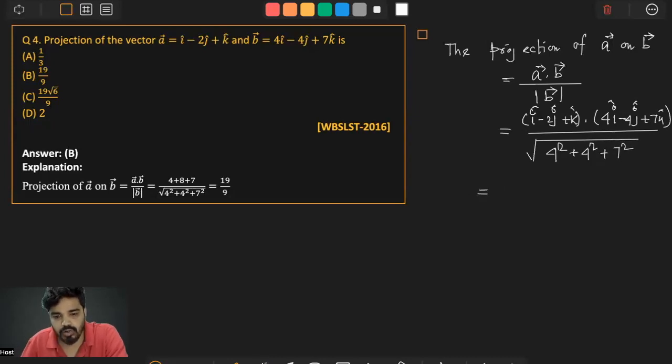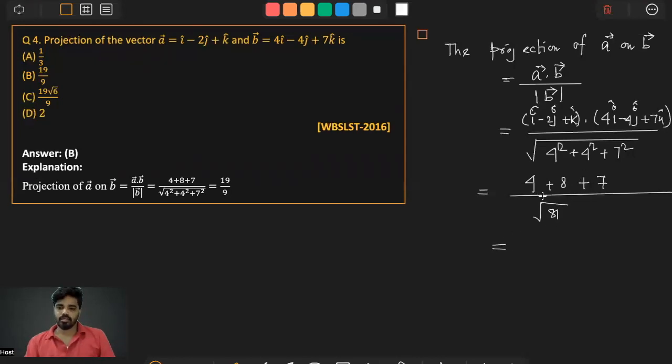So 4 plus 8 plus 7 divided by root over 81. So that means 19 by 9. Therefore option B is correct.